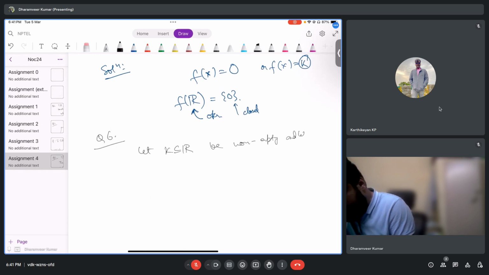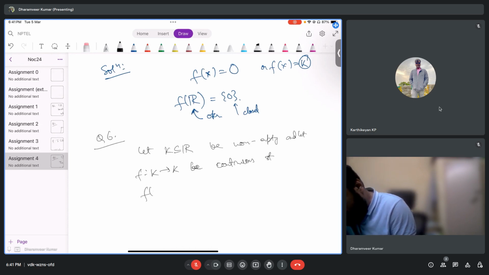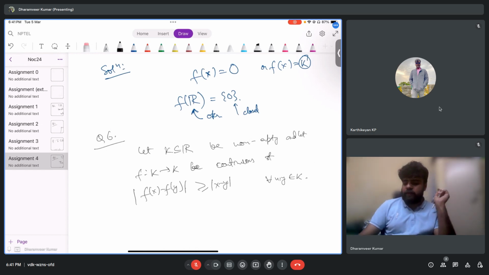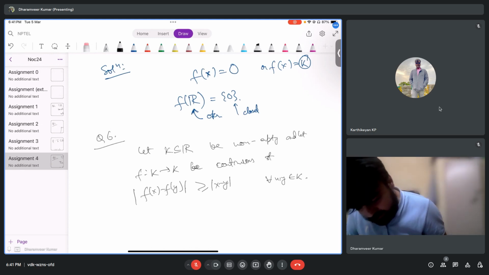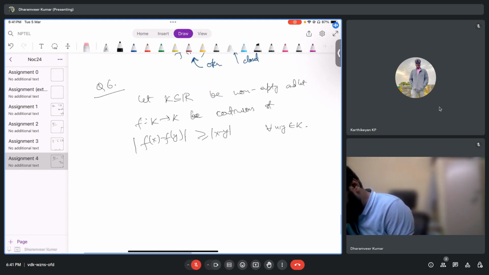Let f from K to K be continuous such that, this is interesting, |f(x) - f(y)| is greater than or equal to |x - y|. K is a non-empty set in R, and you're taking a function from this K to K. Then which of the following is true? This is an interesting question.